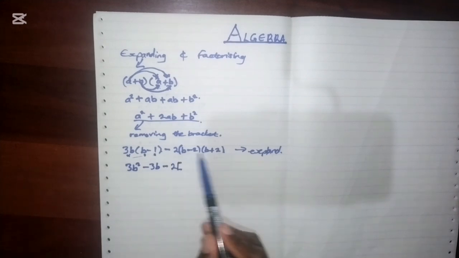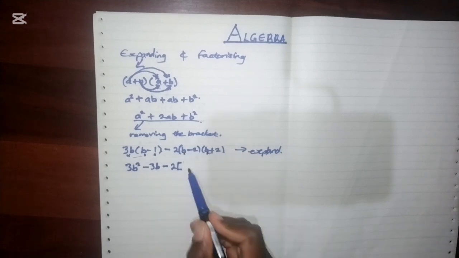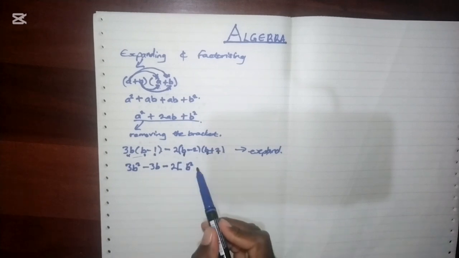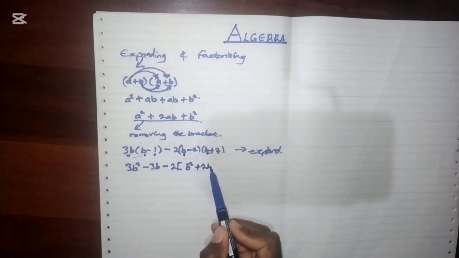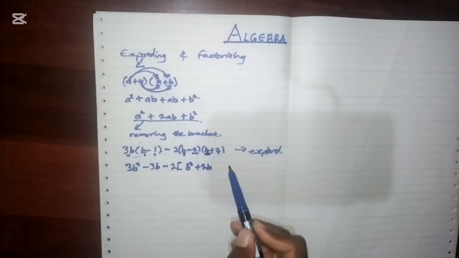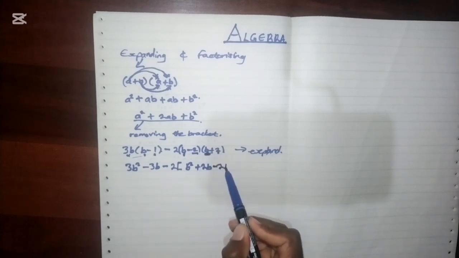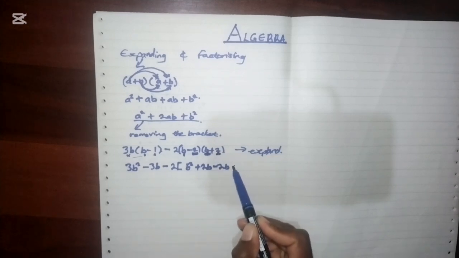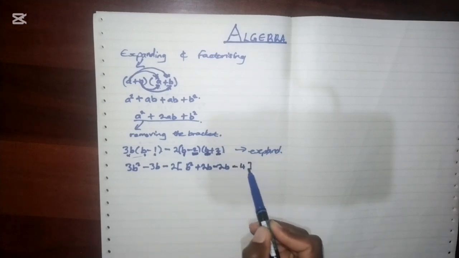Let's break down this bracket. b by b, we get b squared, then multiply b by 2, we get a positive 2b, then multiply negative 2 by b, get a negative 2b, then negative 2 by 2, get a negative 4.